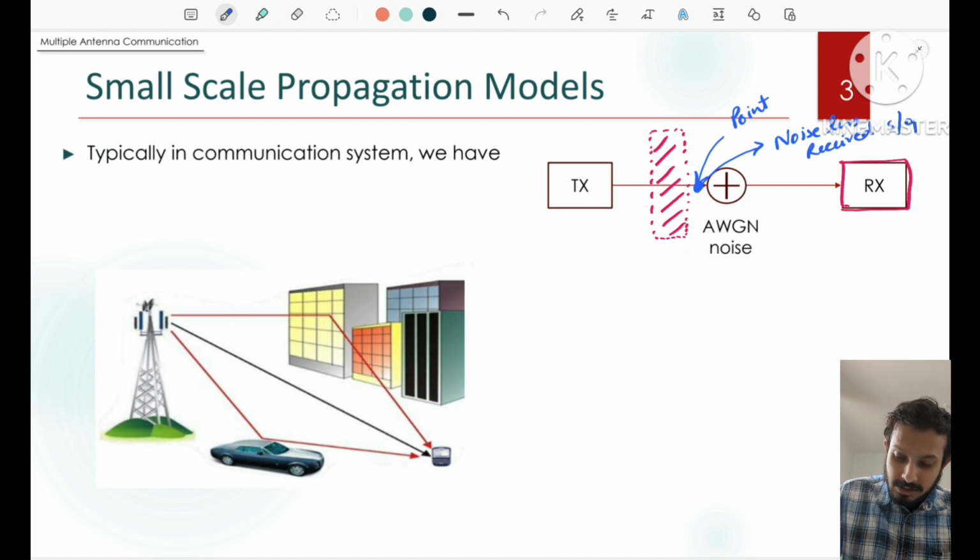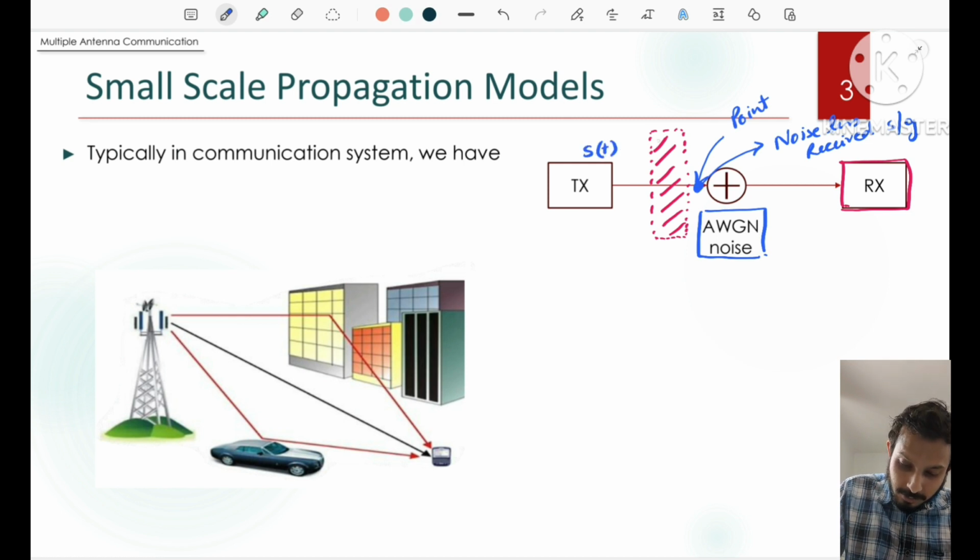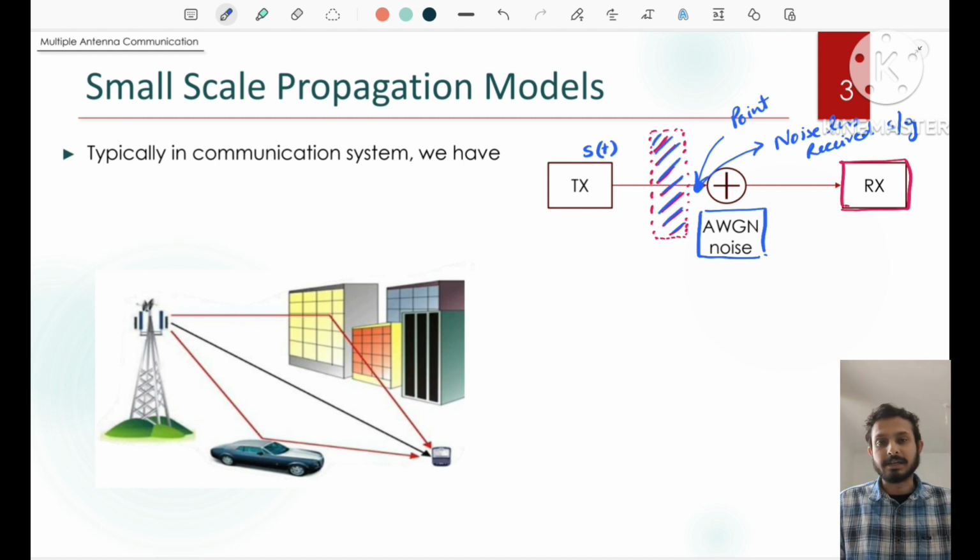Of course, the effect of AWGN noise or the analog components can be added on top of this noiseless received signal. But here we would like to study what happens to the signal transmitted from the transmitter and what is the effect of the channel on the transmitted signal.